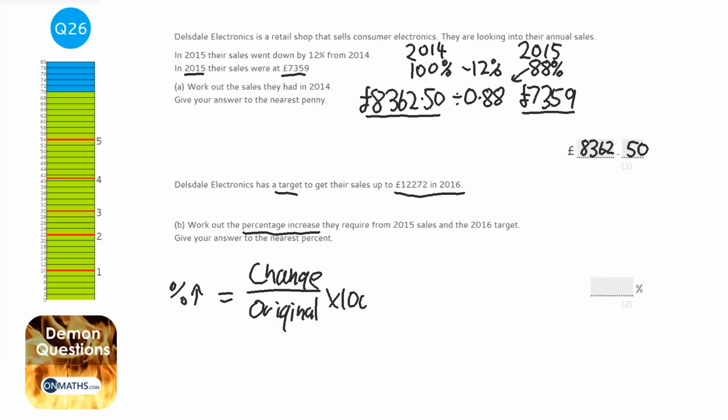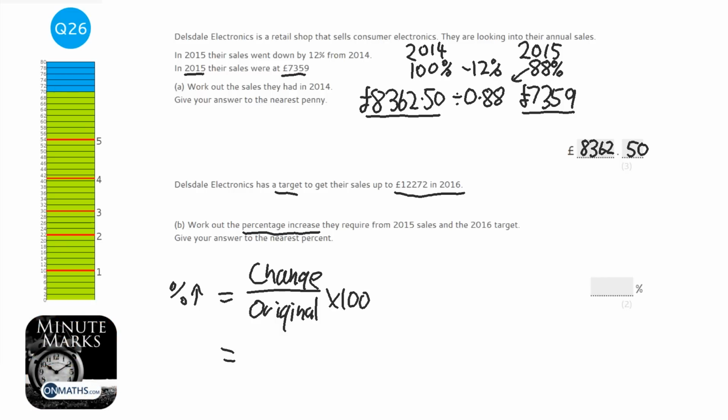So the change is going to be 12,272, take away the 2015 sales, 7,359. So they're looking for it to change by 4,913.